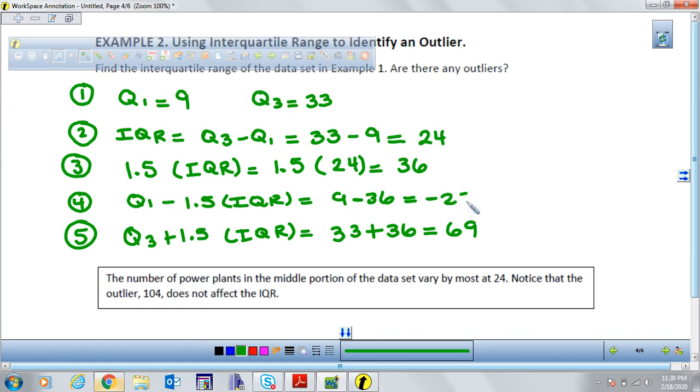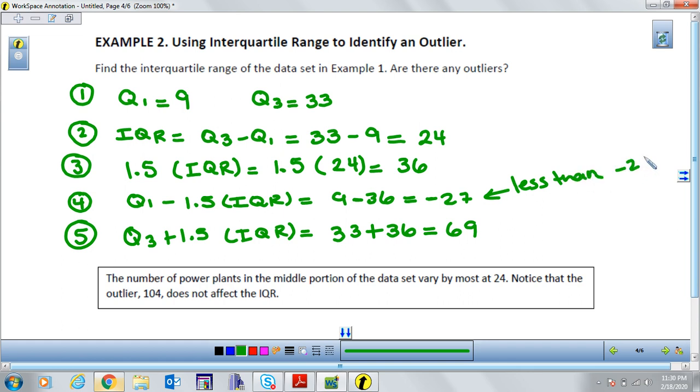So this is a negative 27. So any value that is less than negative 27, or any value that is more than 69, is what is going to be considered an outlier.